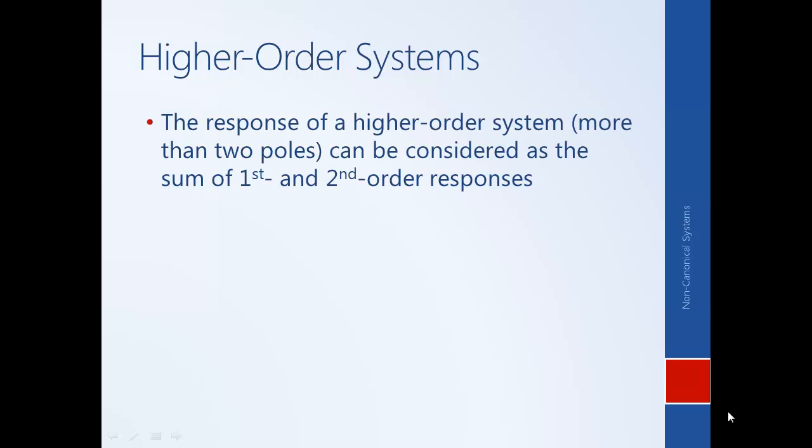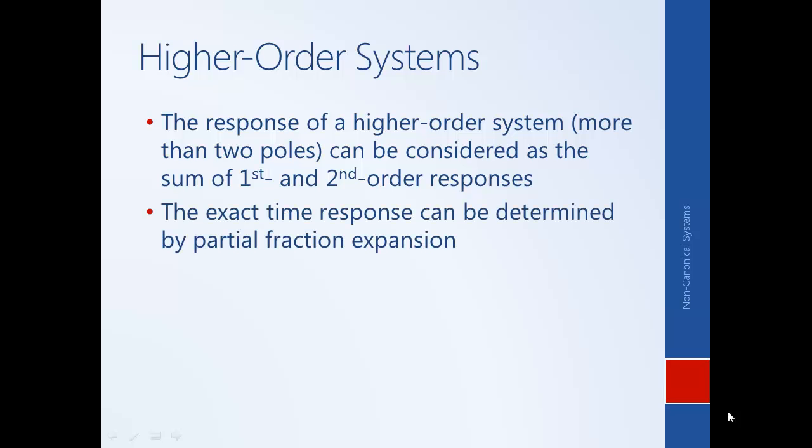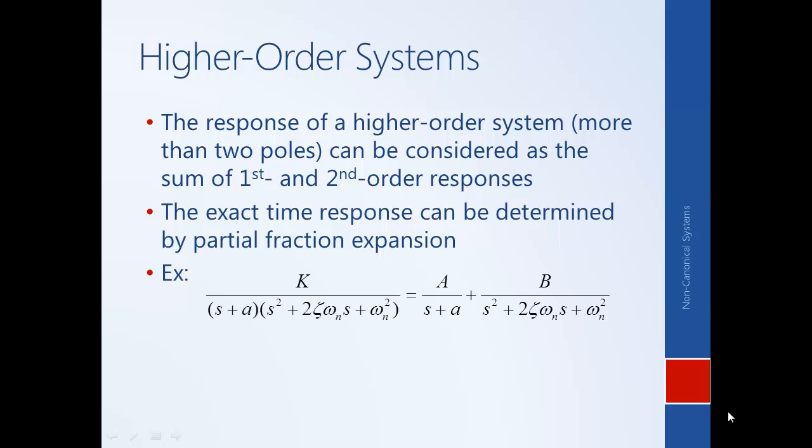Higher order systems by definition have more than two poles, 3, 4, 5 poles. In general, we can consider the response of a higher order system as the sum of first and second order responses. For example, if we wanted to find the time response of a higher order system, we can take the given transfer function and perform a partial fraction expansion.